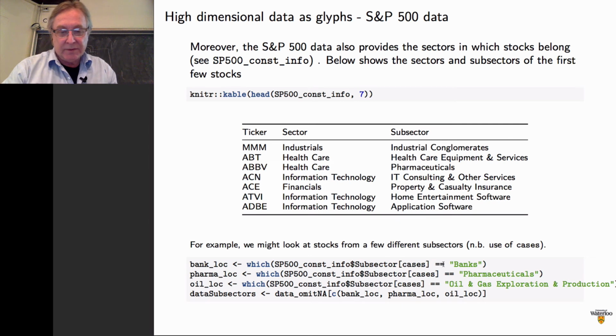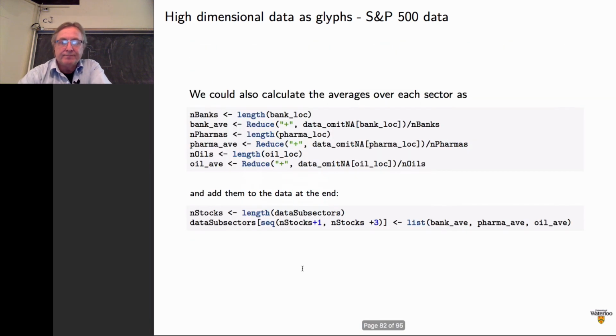So here we go. The particular sectors that I'm going to look at are the banking sector, pharmaceuticals, and oil, so oil and gas exploration and production. I'm going to need to get the number of banks that I have, and for each sector I'm going to get the average of the stocks in that sector.